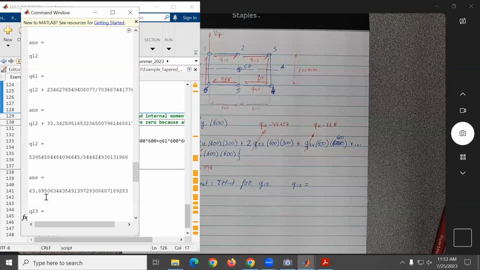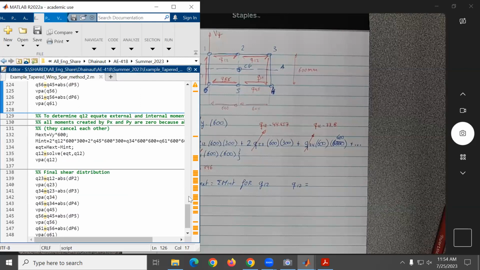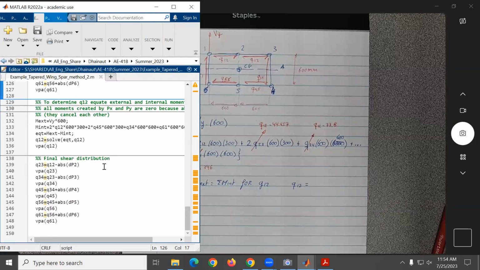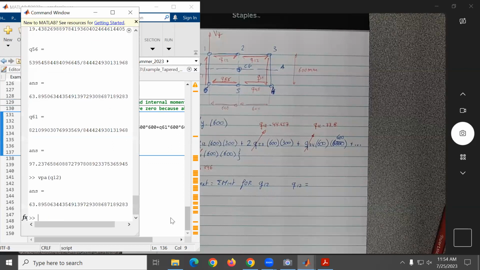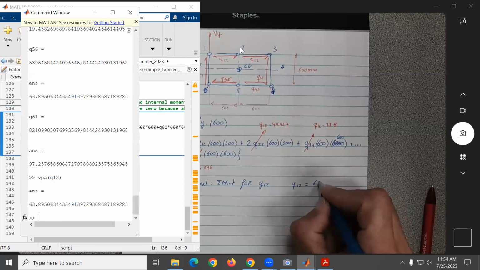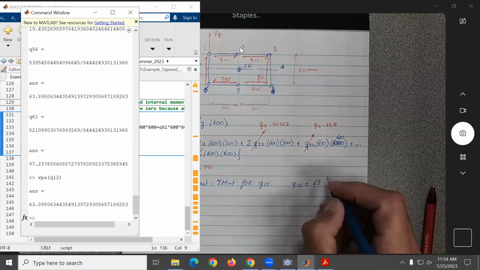Is that one here? All right, so 63.895. Right, let me double check here. I should go over here. But you're probably right. Yeah. So we get Q12 equal to 63.895.